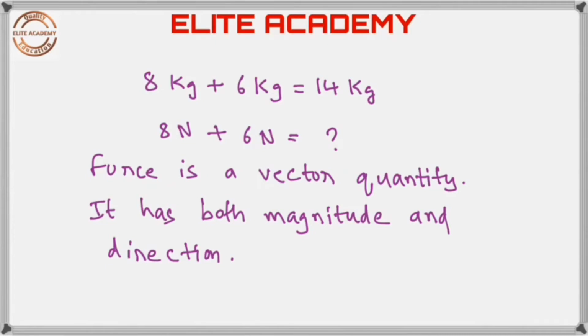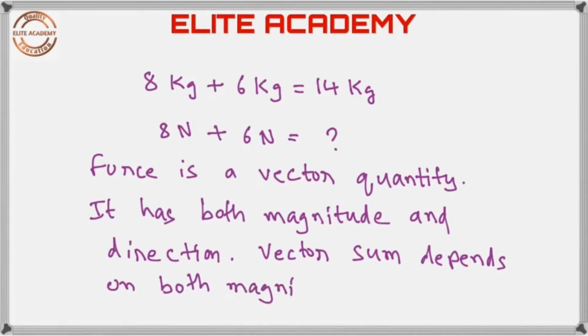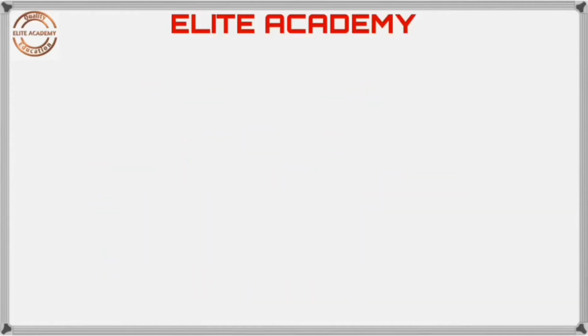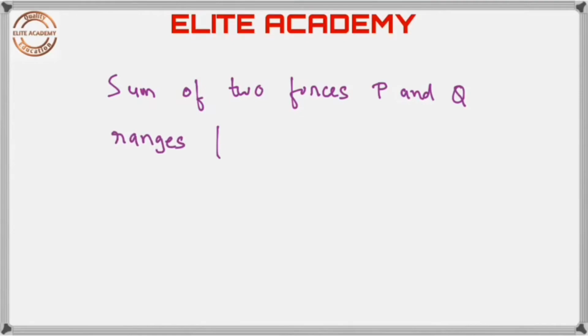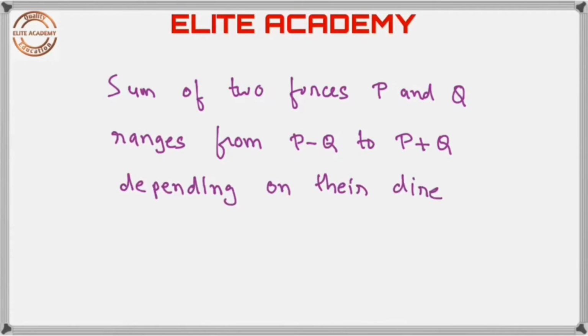So vector sum of any two forces depends on their magnitude and direction. Sum of two forces P and Q ranges from P minus Q to P plus Q depending on their direction. Let us see all these things in the present video.